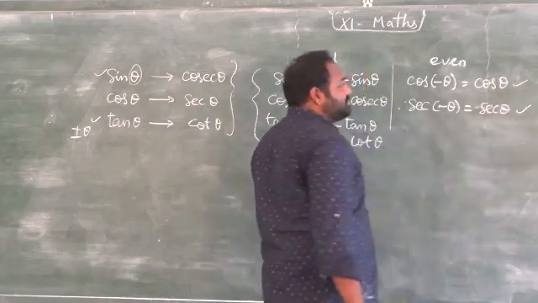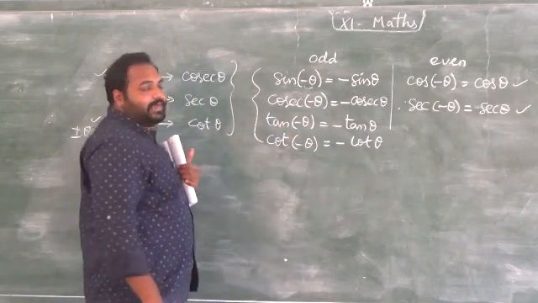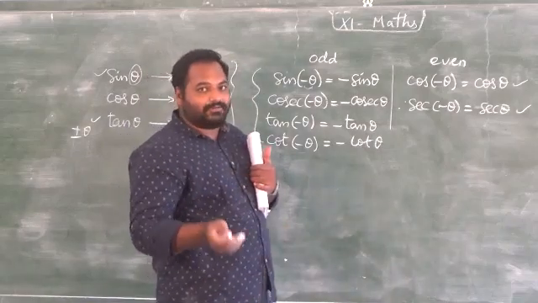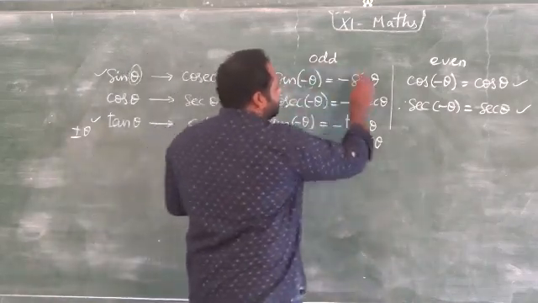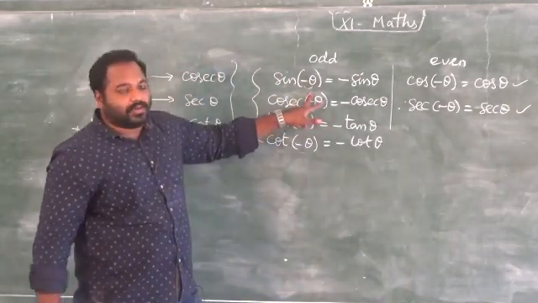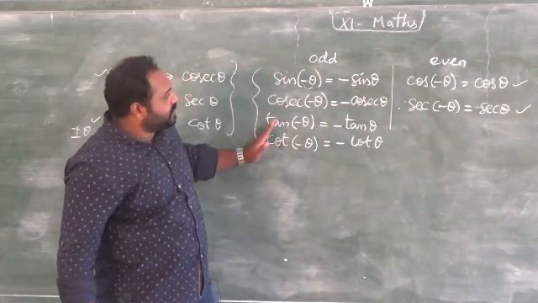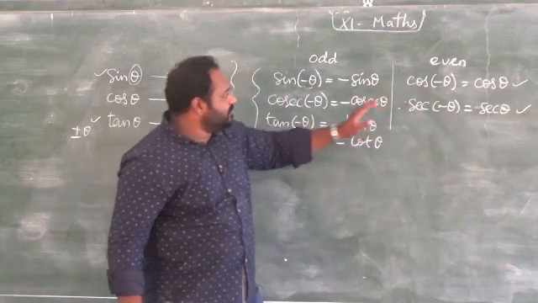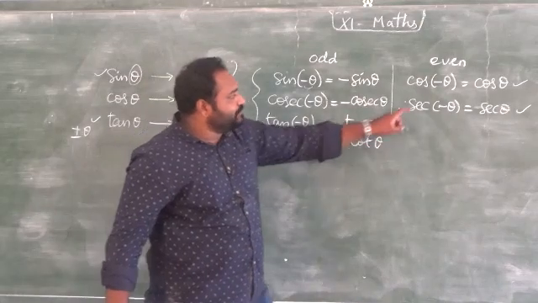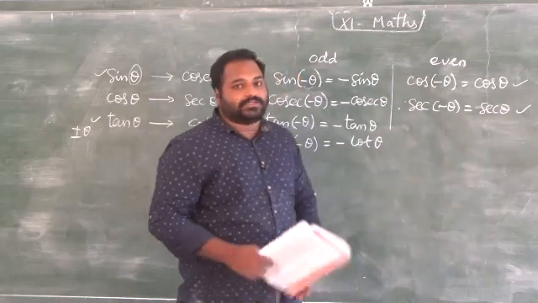So even functions will always be positive. For odd functions, if the argument is negative, the function will be negative, and if the argument is positive, the function will be positive. These 6 ratios with negative arguments are a very important concept. Please understand this: these 4 alone are odd functions, these 2 alone are even functions. When you get a negative value in these 4, the whole function will be negative. When you get a negative in even functions, the whole function will be positive.